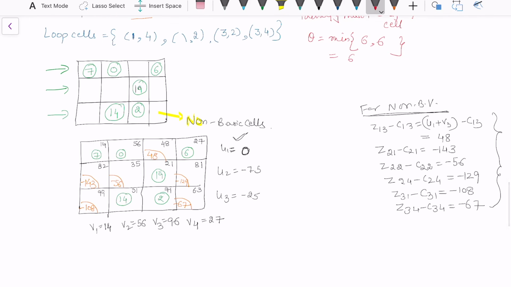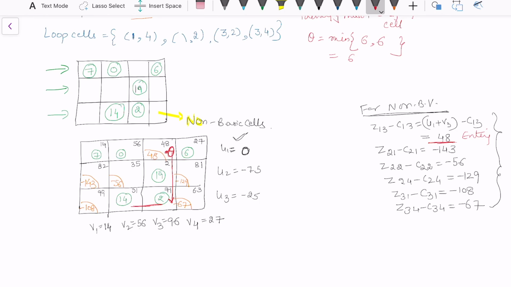But now see that there is still a positive quantity here. This is the cell where theta should come. This is going to be the entering variable. So this becomes the entering variable, and then we want to find the leaving variable. So let's again identify which is the basic cell from where we can come back in the loop. We can see here there is a 2. That's one I can see as a basic variable.